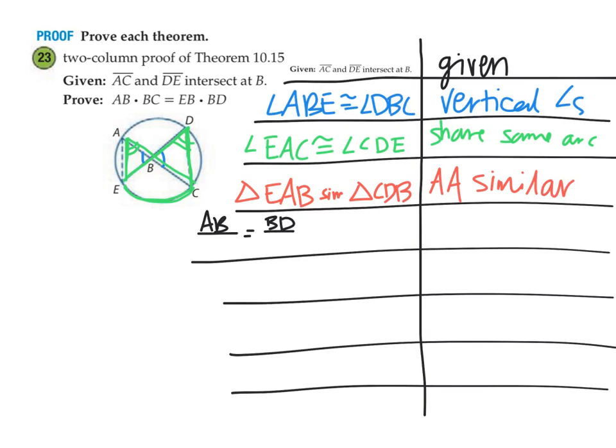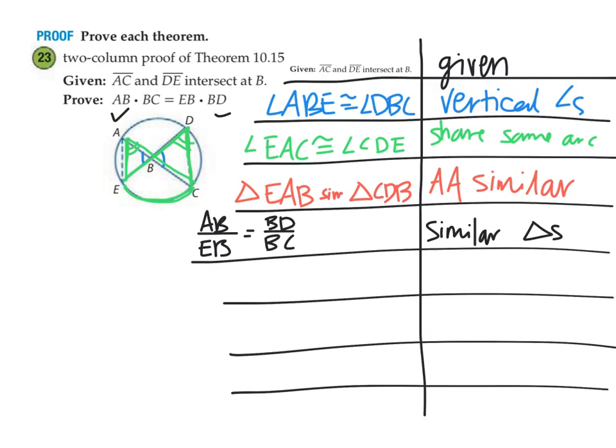And then also, we need BC, and is that corresponding to EB? Yes, it is. So we can set up this proportion because they are similar triangles.